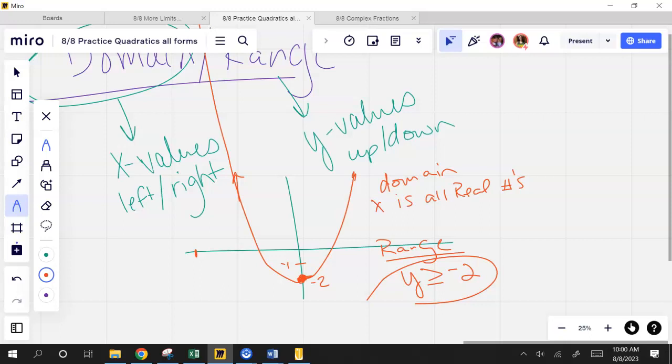Y'all are so funny. Everybody's got all these different little colored pens and stuff, and y'all are color coding.